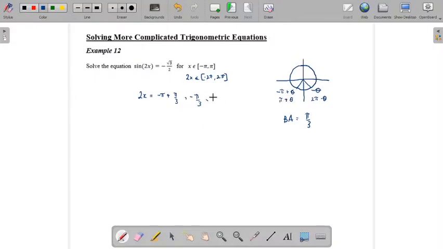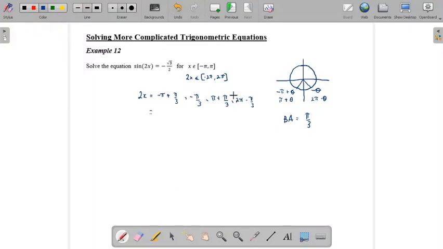Our next solution is pi plus pi/3, and then the last one is 2 pi minus pi/3. So there are four solutions here for 2x.